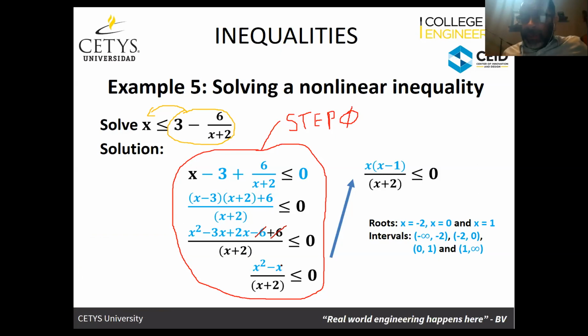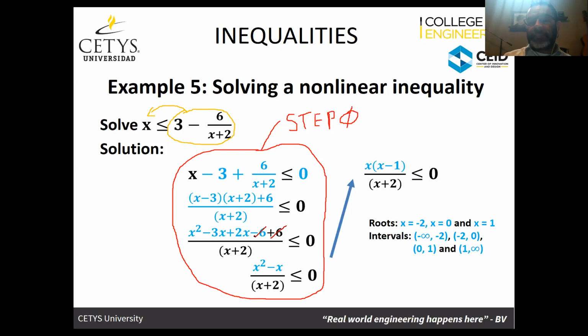The important thing when we're solving nonlinear inequalities is that we want to end up with a bunch of factors, okay? So we're not done until we have a series of factors. So there's a common factor here, which is x, and so x multiplying x minus 1 divided by x plus 2.